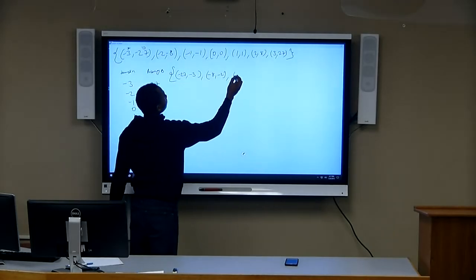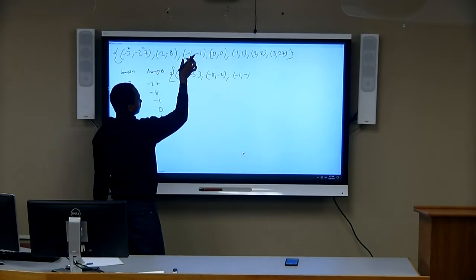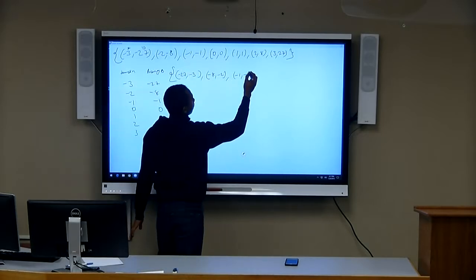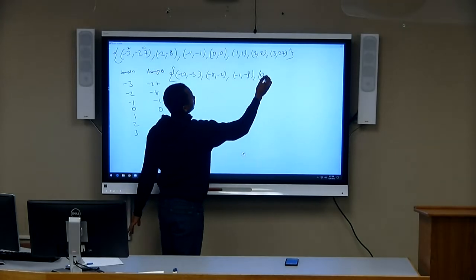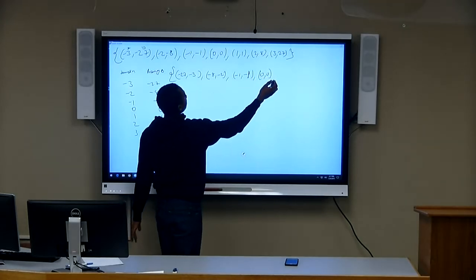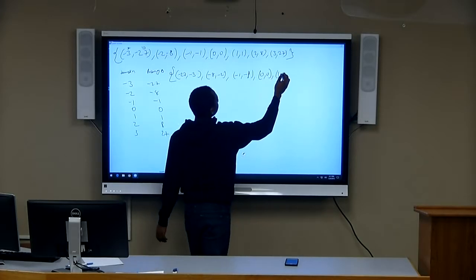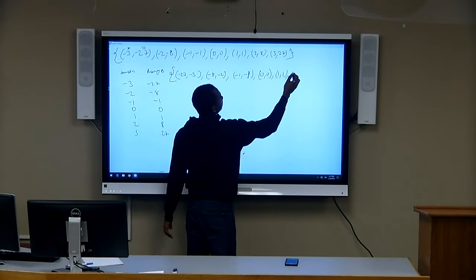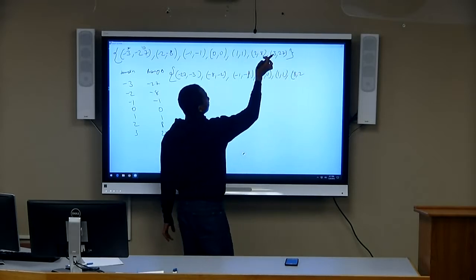The third one is going to be -1 and -1. If you switch them, it's the same. The fourth one too is going to be the same because it's 0 and 0. The other one too is going to be the same, 1 and 1. Next one is now 8 and 2. If you switch it, the 2 comes here.